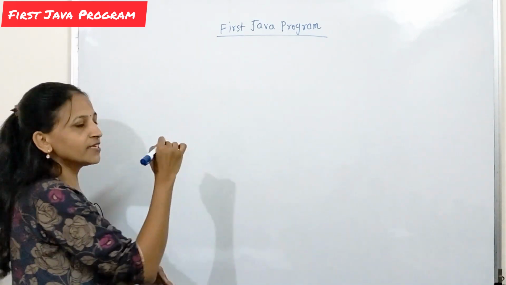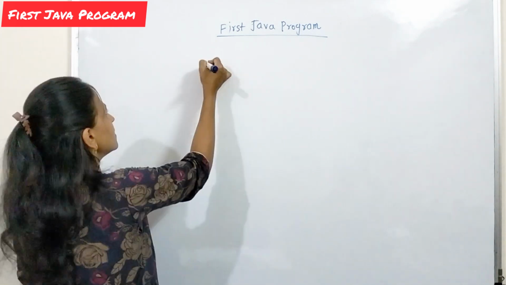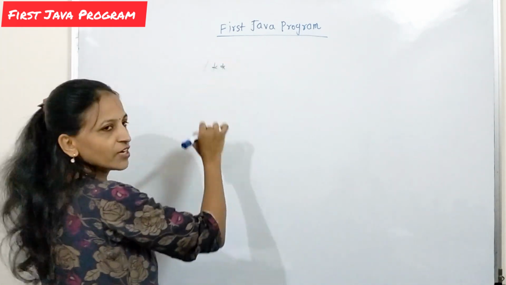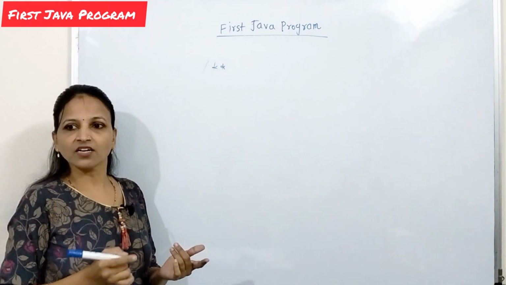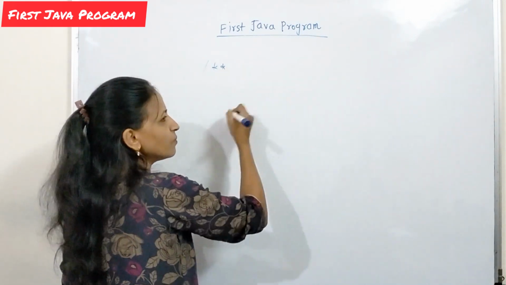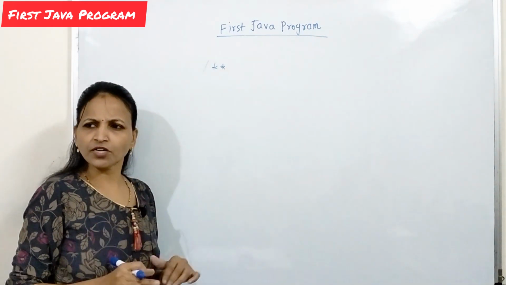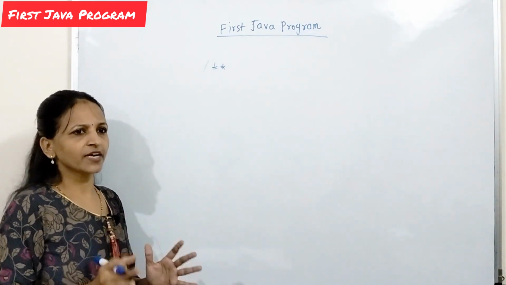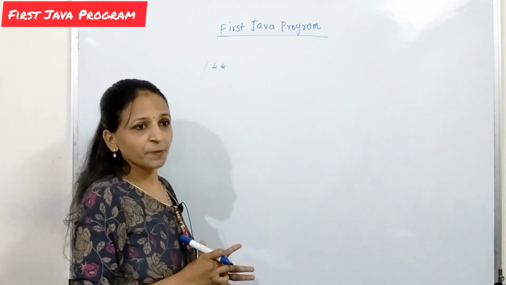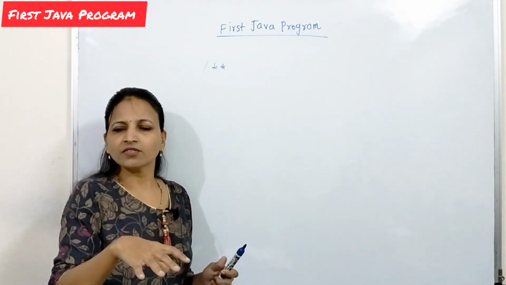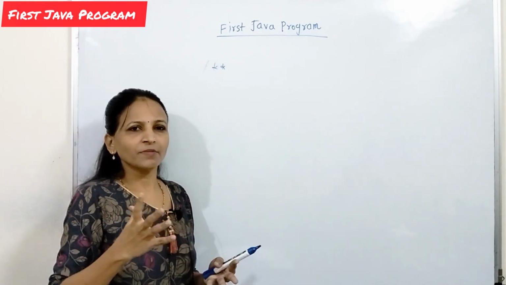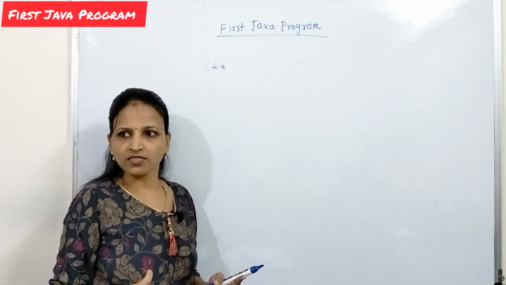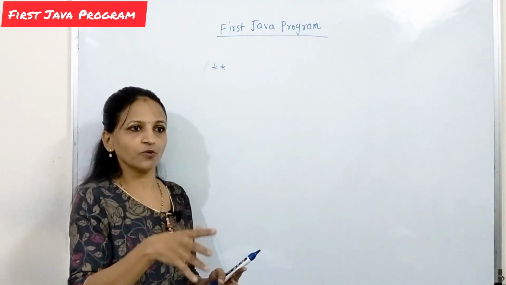Now how is the documentation comment style? /**. In this way documentation comment starts, and here you can write any number of lines, whatever documentation about that program. Documentation specifies program title, programmer's name, program creation date, anything you can write about that program.